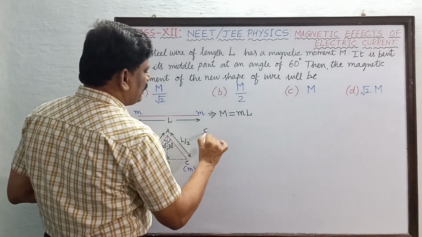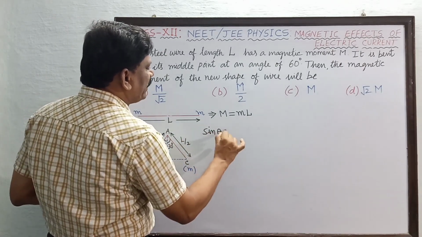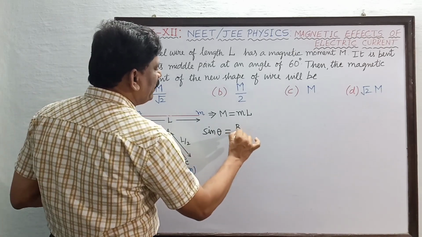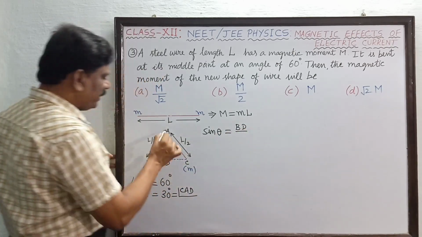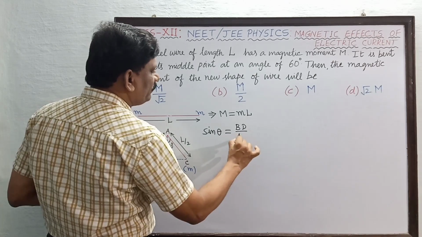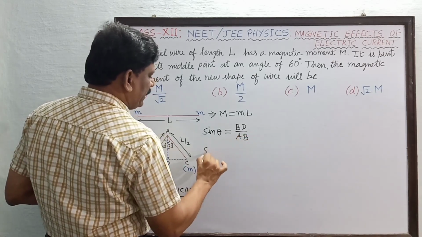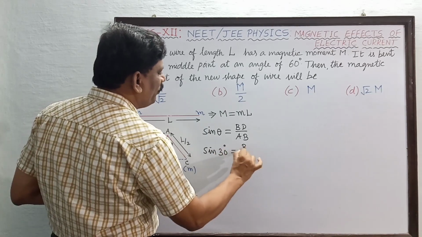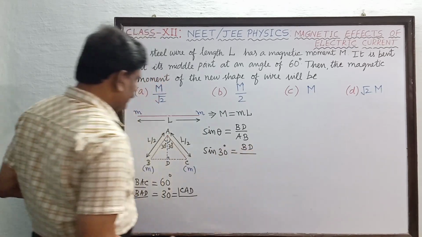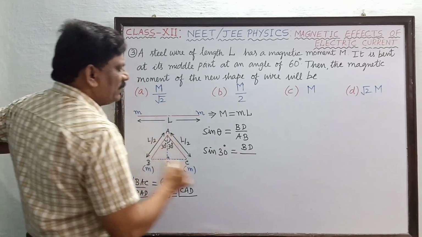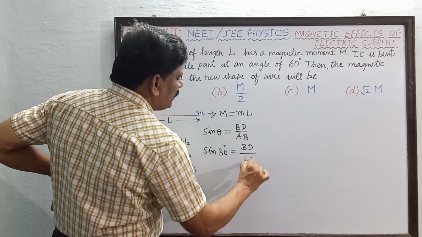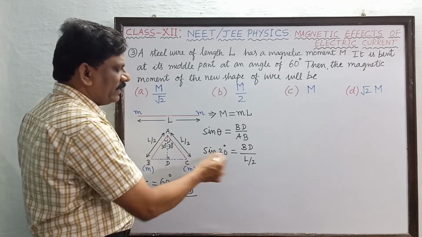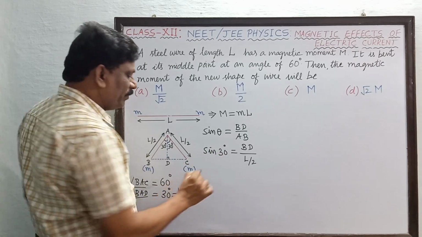So what is sine theta equal to? Sine theta is equal to opposite side BD divided by hypotenuse AB. So sine 30 degree is equal to BD divided by the hypotenuse, which is L by 2. Now sine 30 is 1 by 2, is it not?